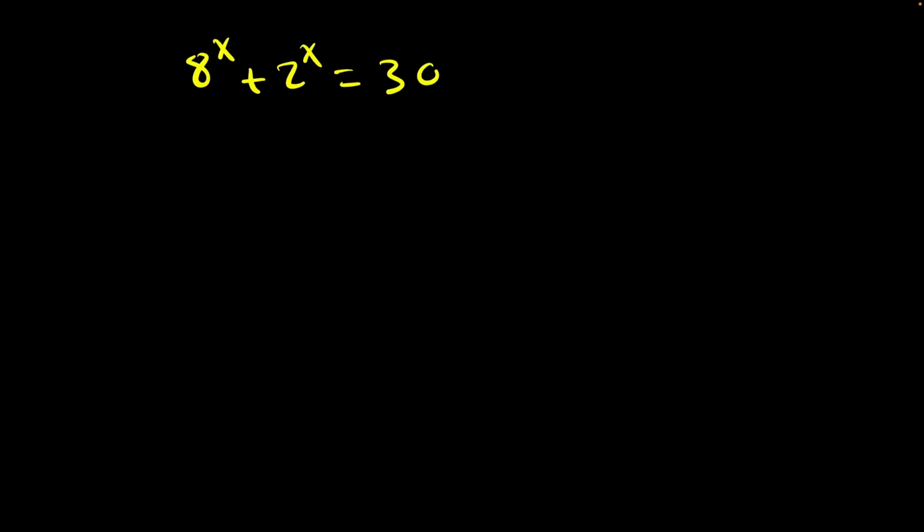We had our question, 8 to the x plus 2 to the x is equal to 30, and our answer was x is equal to log 3 to the base 2. So let's plug in log 3 to the base 2 instead of x.